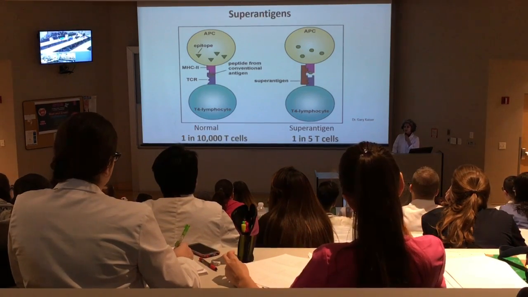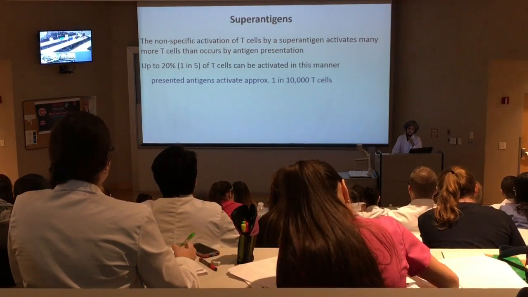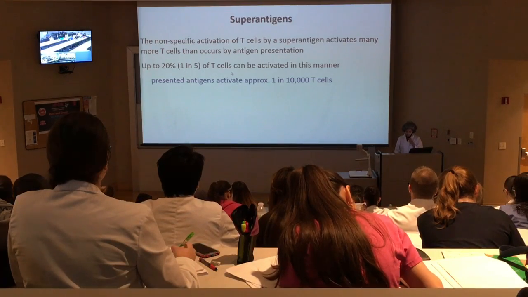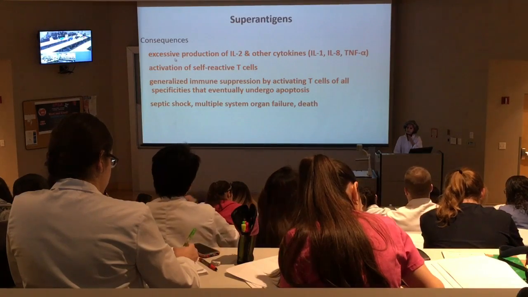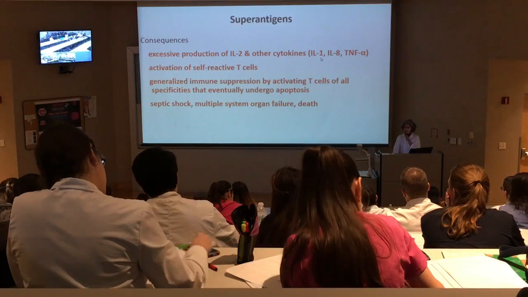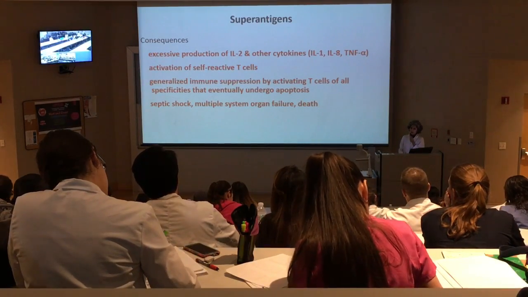Imagine the huge flare-up of the immune response. Up to 1 in 5 T cells are activated, and it results in excessive production of immune mediators. These cytokines are going to attract more cells to the scene of injury.